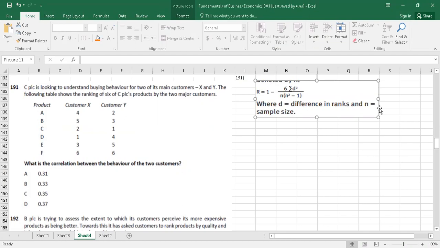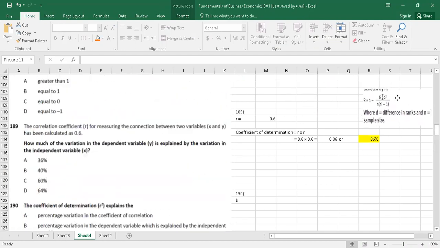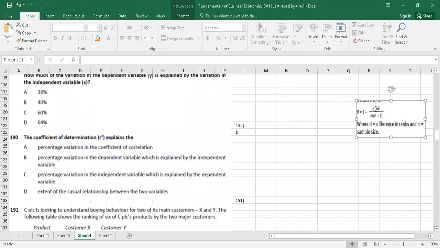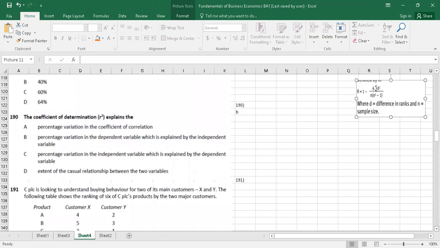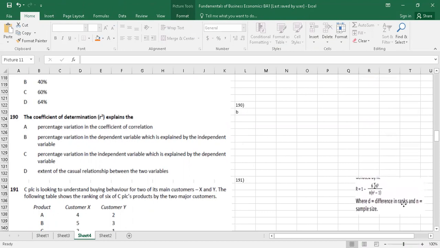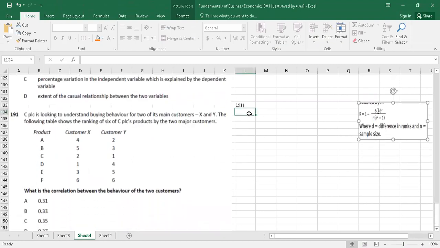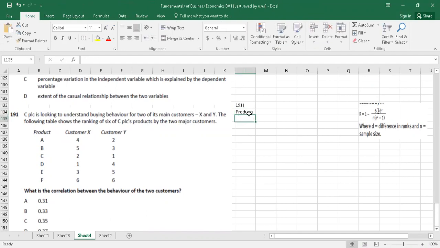Okay, that's the formula. We want it here. The products are from A, B, to F.